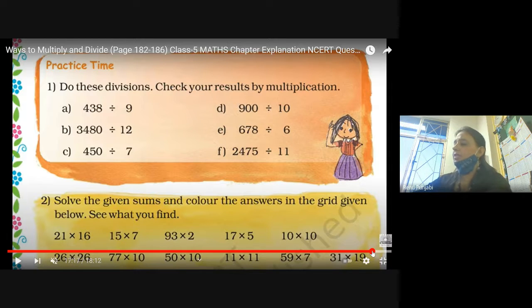Yes, what is the answer for the second one? Ma'am, 290. Yes. The answer is 290 is the quotient. Nothing is in the remainder.